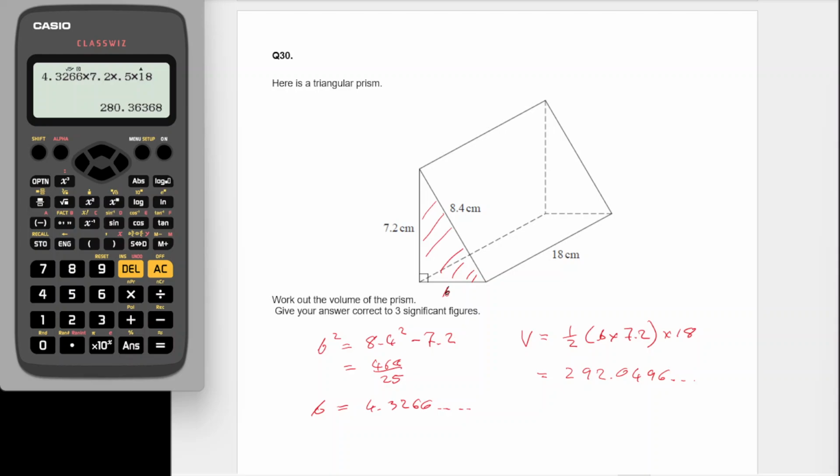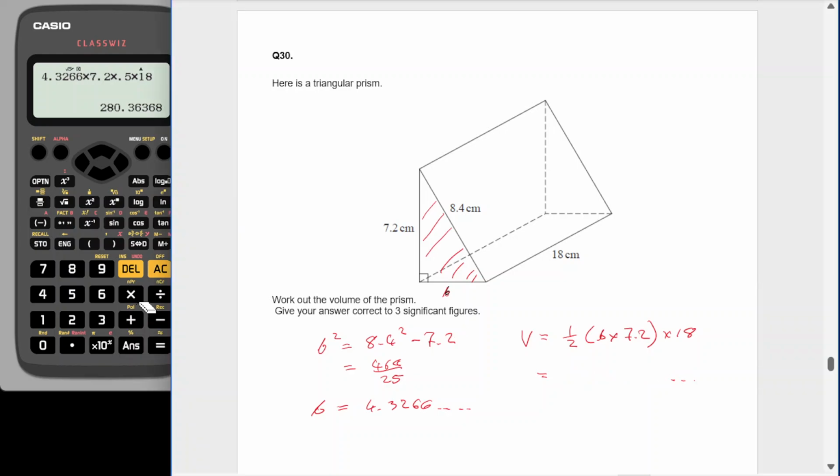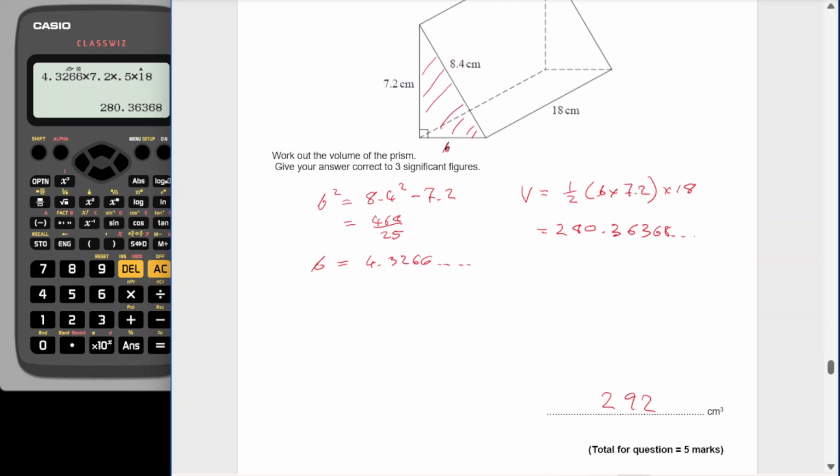There we go. So that's slightly out of my answer because of that. Always worth double checking that what you've typed into the calculator matches what you wanted. I'm very susceptible to making that mistake. Right, so that would actually be 280 to three significant figures.